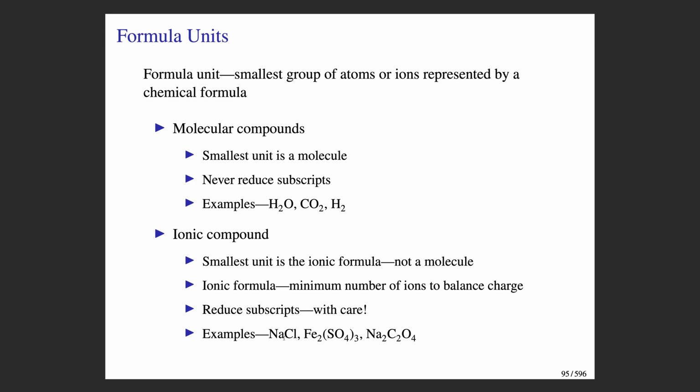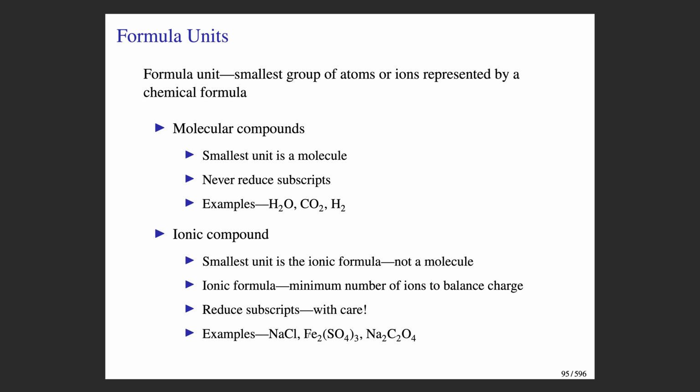Here are some examples. For sodium chloride, we're going to learn that sodium ions form a +1 cation, and chloride ions form a -1 anion. And so the ratio is 1 to 1, and that balances the charge. In iron(III) sulfate, the sulfate is a polyatomic ion with a -2 charge, and the iron(III) is a +3 monoatomic cation.